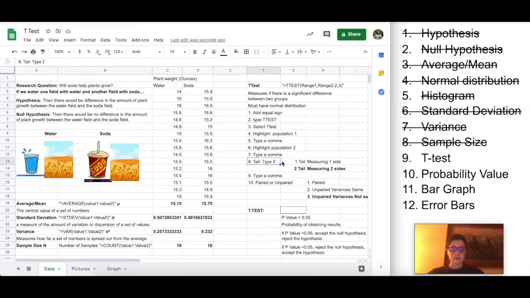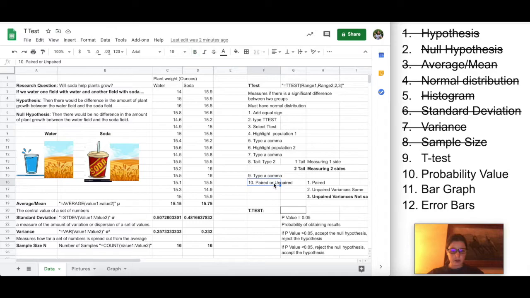If you would put a 1, that would mean one tail, and it means that we're measuring one side of the histogram, or that representation of data that we had. Two tail means we're measuring both sides of the histogram. For our purposes, we're going to put two tail.